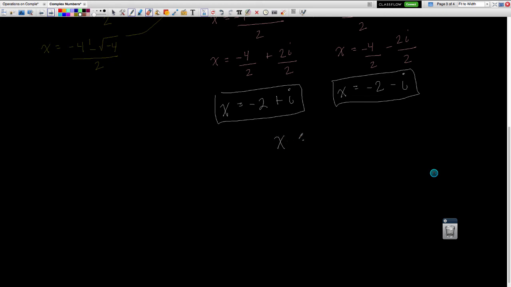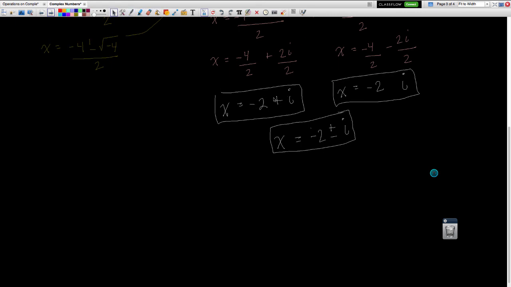You could see it written like that, or negative 2 plus or minus i. It's important for you to understand any way that you could see it and be able to break it down. Now, I want you to notice something.